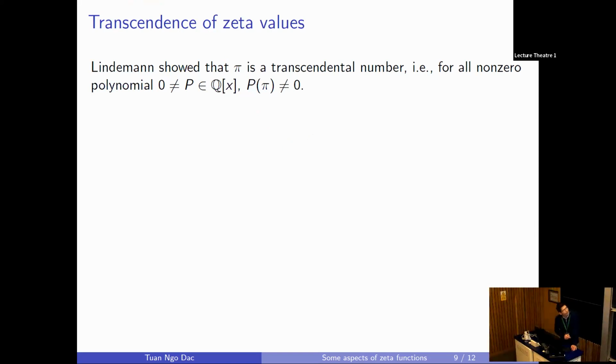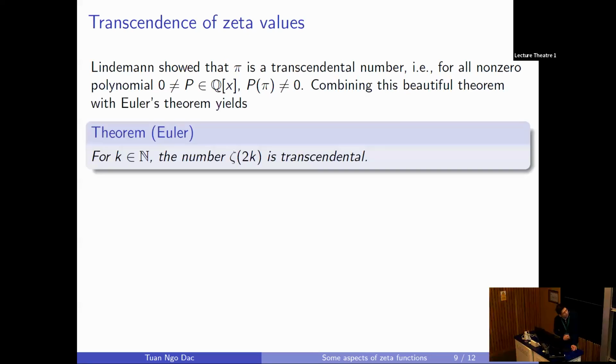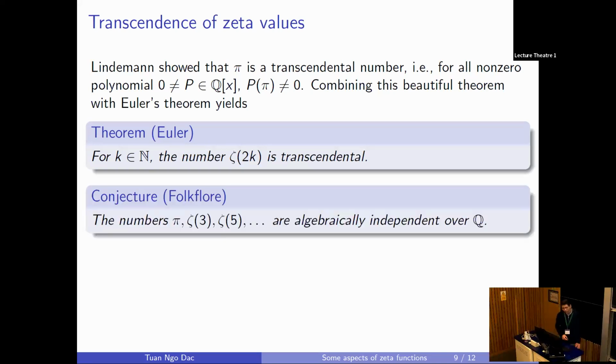This means that if you take any polynomial P with rational coefficients, then P(pi) is different from 0. We know that the even values of the zeta function are a rational number times a power of pi. So by Euler plus Lindemann, we know that these numbers are transcendental.